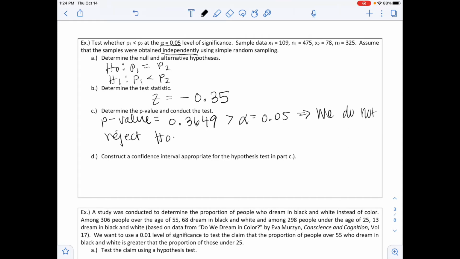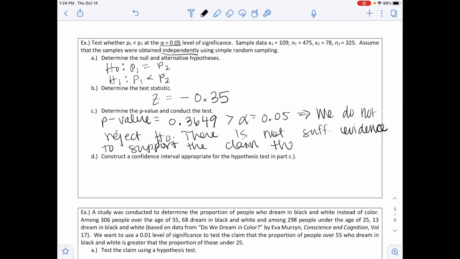And we would write an actual conclusion that there is not sufficient evidence to support the claim that P1 is less than P2.